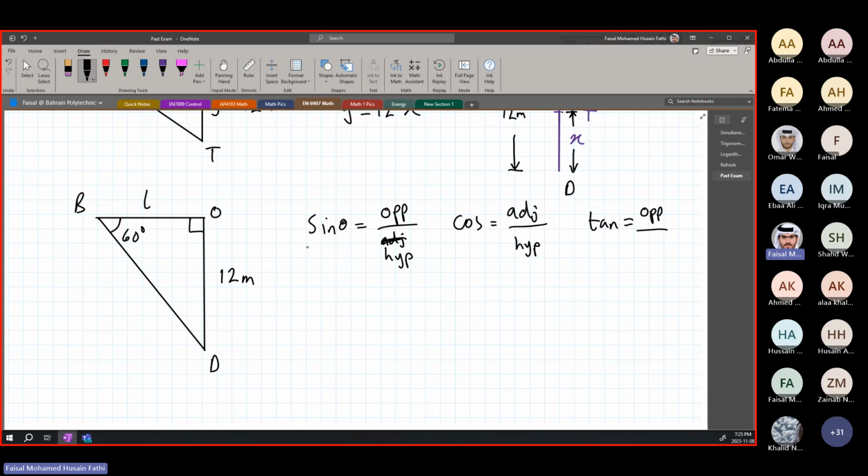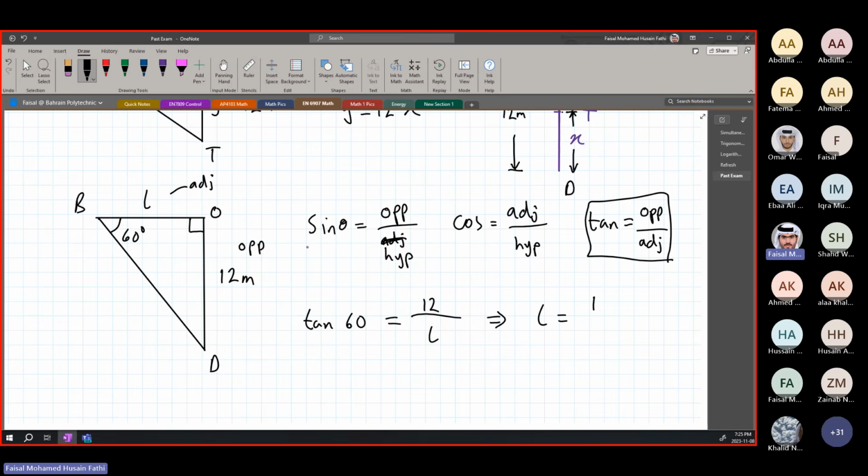opposite over adjacent. Now we look at the angle we have. We have 60. L is adjacent, and 12 is opposite. Which one has opposite to adjacent? The tan. So tan of 60 is equal to opposite, which is 12 in this case, over the adjacent, which is L. If I rewrite this formula, L is equal to 12 over tan 60.